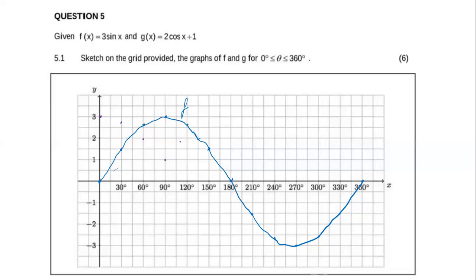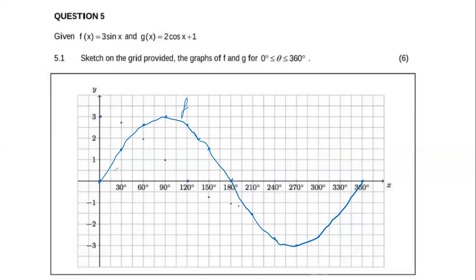Here's positive 1. When you substitute 120, we get 0. When you substitute 150, we get negative 0,7. This is 0,5, right? 0,6, 0,7. I'll assume it's somewhere there. And then when you substitute 180, we get, I think, yeah, negative 1.